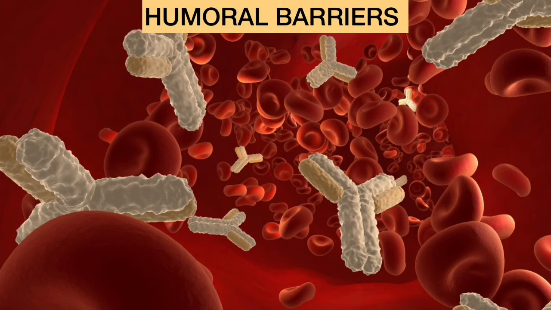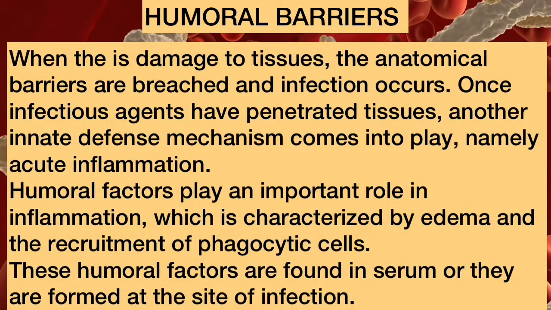Let's move on to the humoral barriers of the innate immune system. When there is damage to tissues, the anatomical barriers are breached and infection occurs. Once infectious agents have penetrated tissues, another innate defense mechanism comes into play, namely acute inflammation.